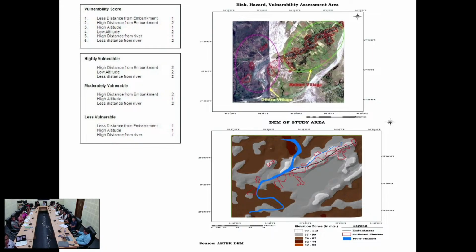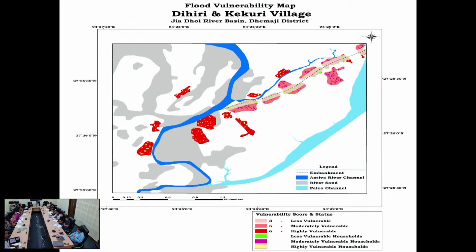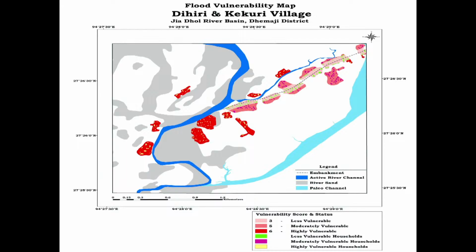You can give the same information to the district collector, so that people are not allowed to live in high risk areas. You ask people to settle into low risk or moderate risk areas. This is very important if you want to reduce the loss of life and property. If you want to reduce vulnerability, this kind of mapping is very important. That's the utility of these maps.